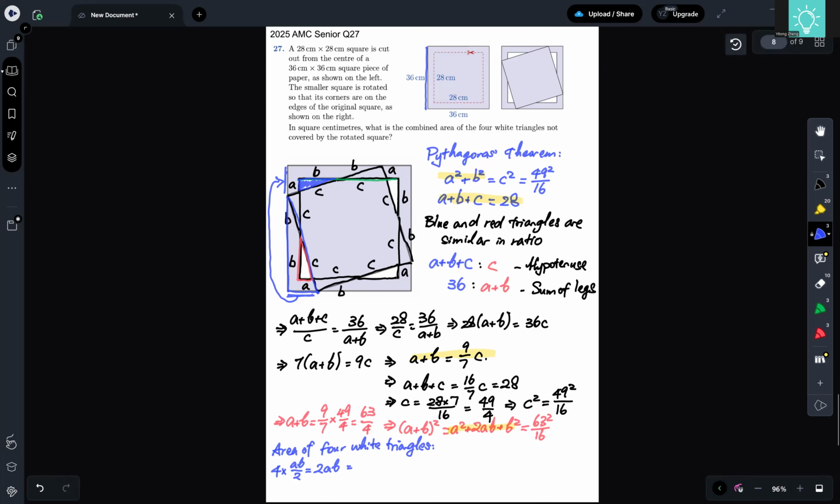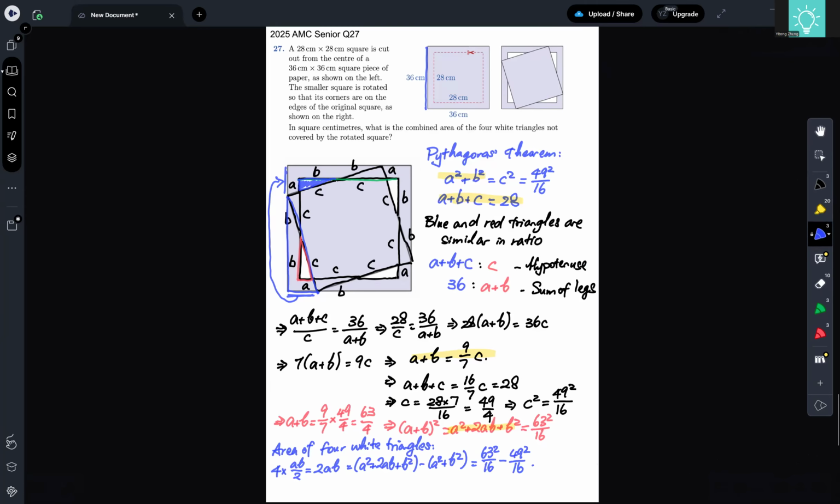So, it is equal to A squared plus 2AB plus B squared minus A squared plus B squared. Well, what is that going to be? This thing, the first thing is 63 squared over 16. Minus that thing is 49 squared over 16.